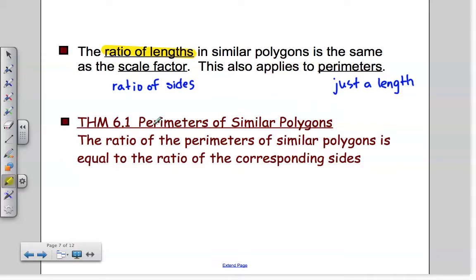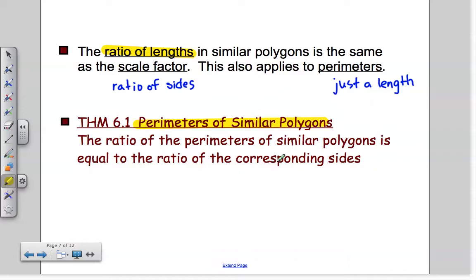And this is stated as a theorem here: the perimeters of similar polygons are in the same ratio as the corresponding sides. So the ratio of perimeters is equal to the ratio of the sides. You don't necessarily have to find every side length in corresponding figures to be able to find perimeter.